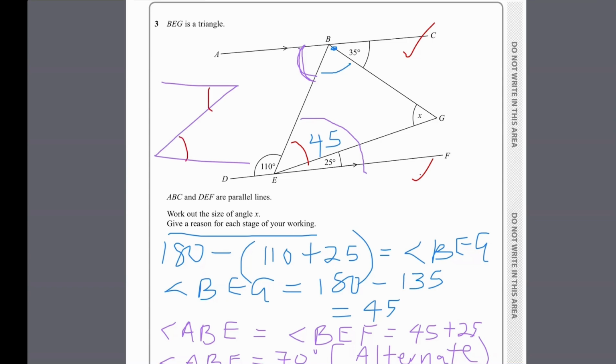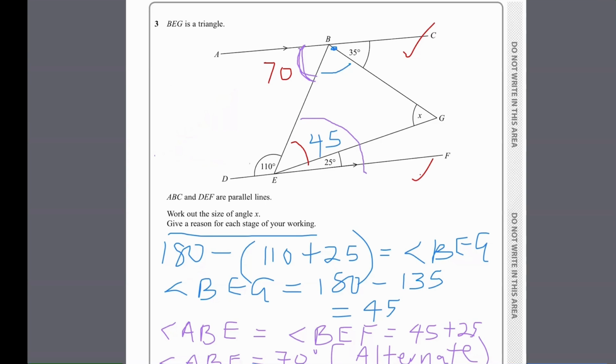That's what we have here for ABE, the angle shown with the purple. And for BEF, we can notice that it alternates to ABE, so your BEF is your ABE, 70. So turn this here to 70.